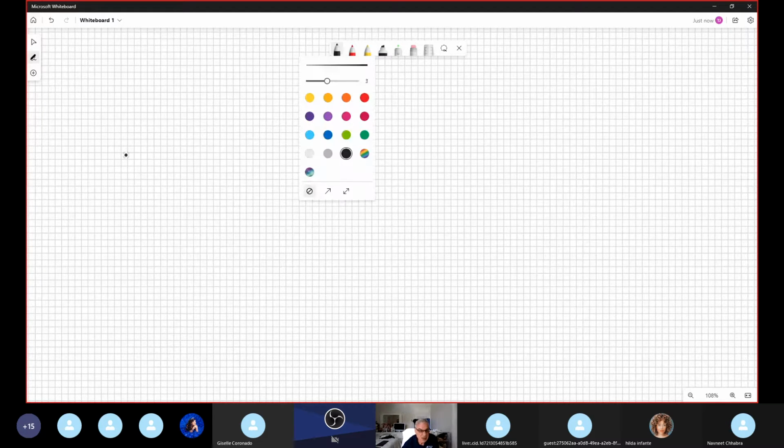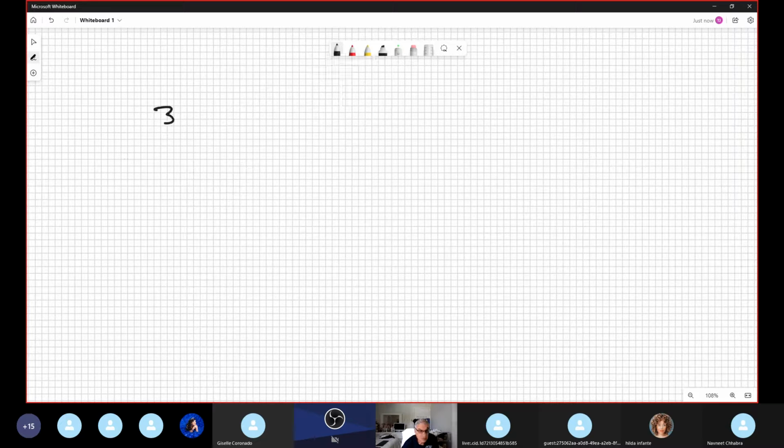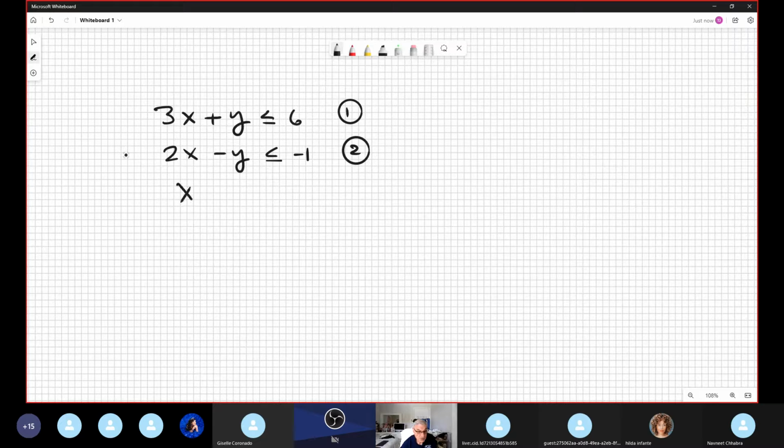It's a system of inequalities. Suppose 3x plus y less than or equal to 6, 2x minus y less than or equal to -1, inequality 1, inequality 2, x greater than -2, inequality 3, and y less than 4, inequality 4. And this is my system of inequalities.